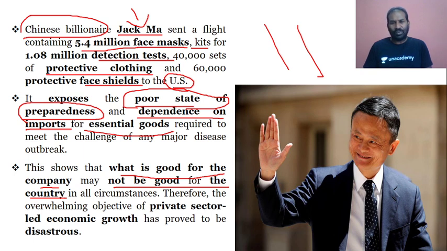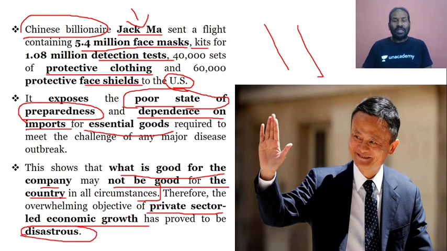This is very, very important. So the COVID-19 pandemic has brought to the limelight that what is good for the company may not be good for the country. Explain. So you have a thorough understanding now of how the question could be answered. Therefore, the overwhelming objective of private sector led economic growth has proved disastrous.